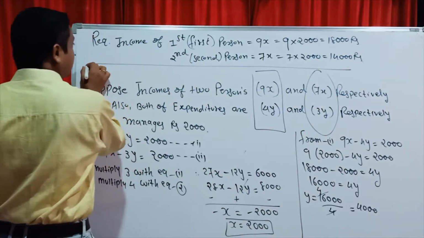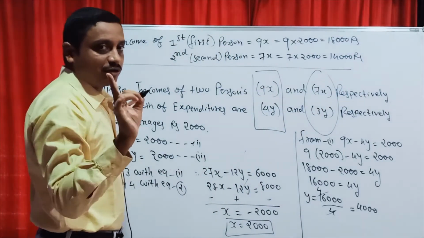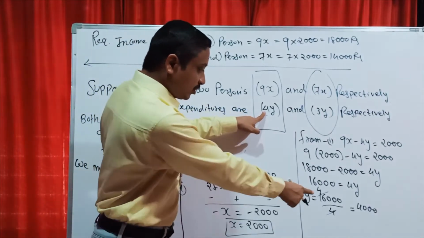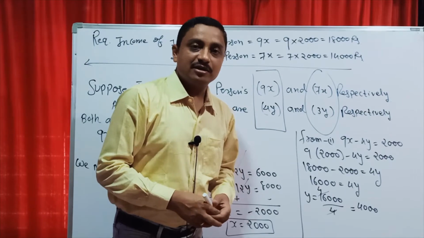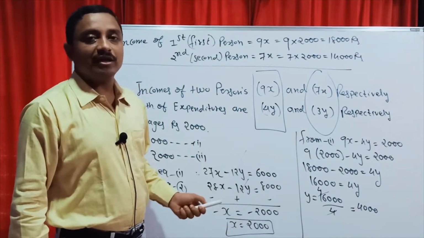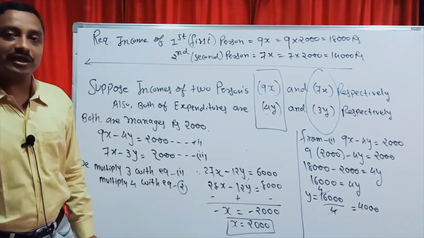And if the expenditure is asked, then 4 into 4000 is 16,000 and 3 into 4000 is 12,000. So this numerical is done very easily.